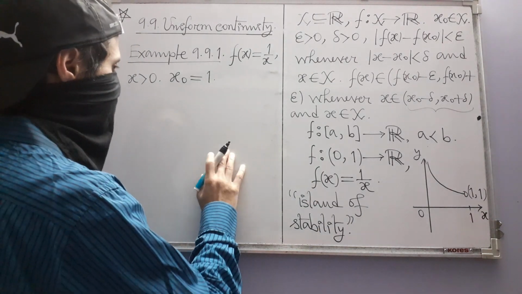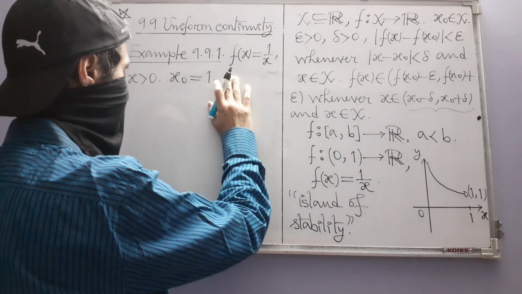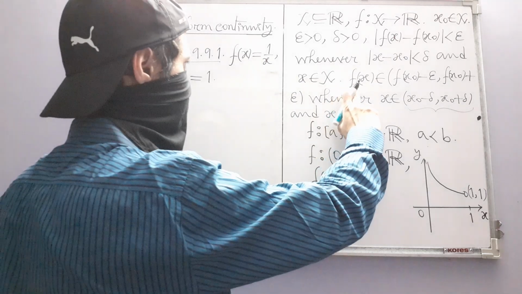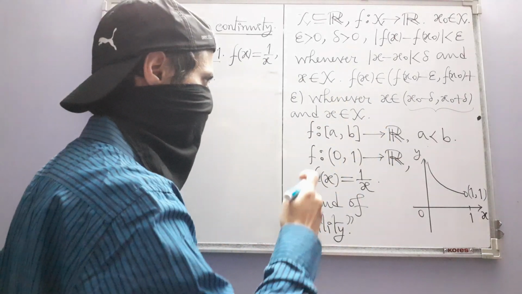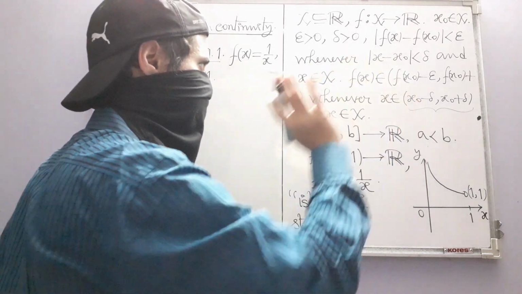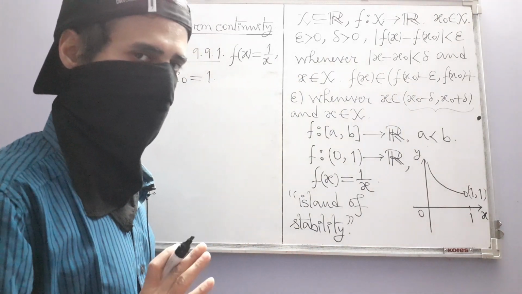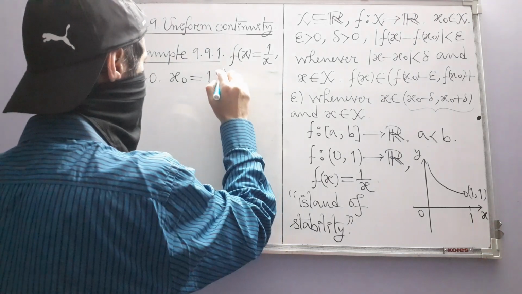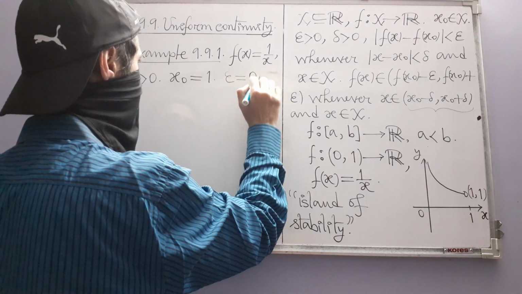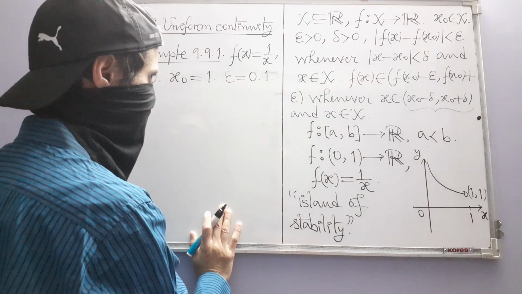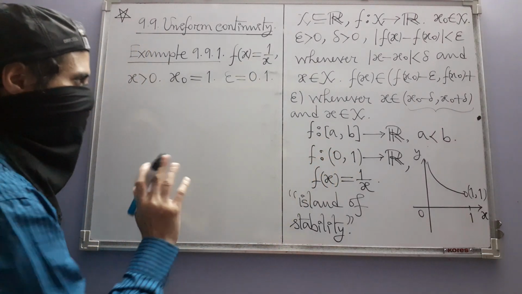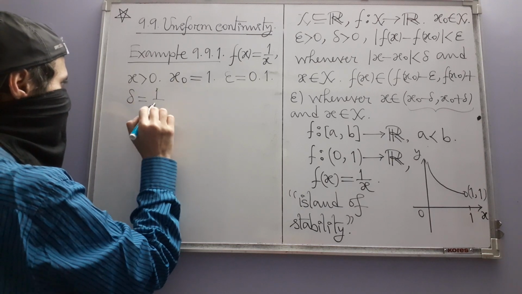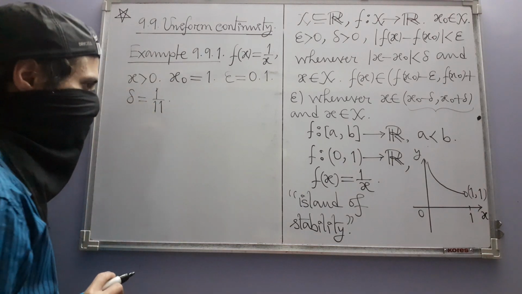So what the author has done is, say we want the outputs to be 0.1 close to the f value at x naught. That is, our epsilon now is 0.1. Then what type of delta should we need for that? The author suggests that we can take delta equal to 1 over 11.